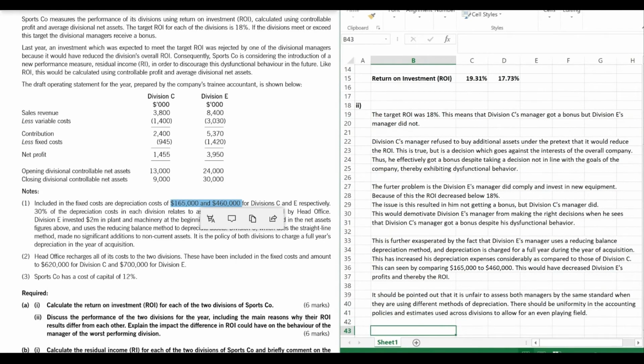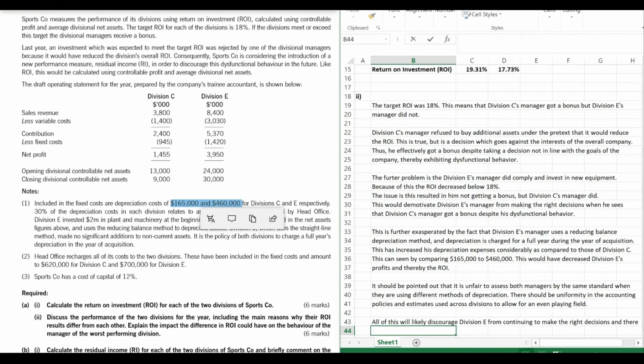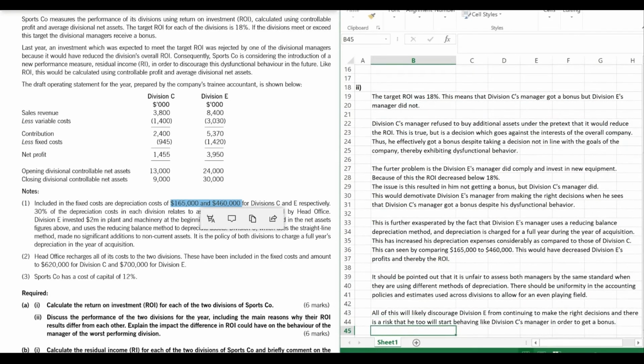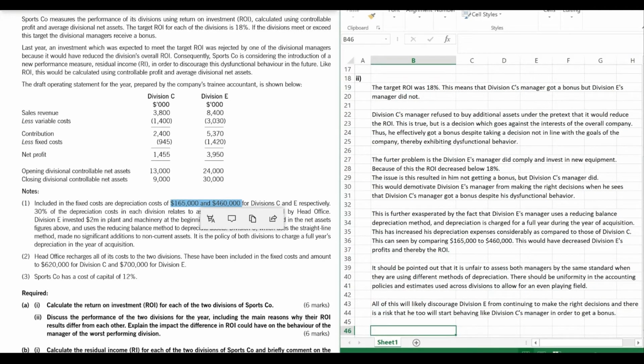Okay, all of this will likely discourage Division E from continuing to make the right decisions, and there is a risk that he too will start behaving like Division C's manager in order to get a bonus, right? Okay, so yeah, we've summed up the major points and 6 marks worth of analysis.